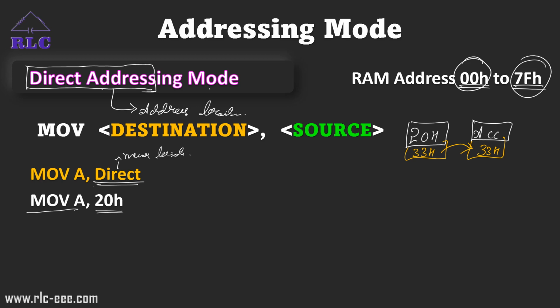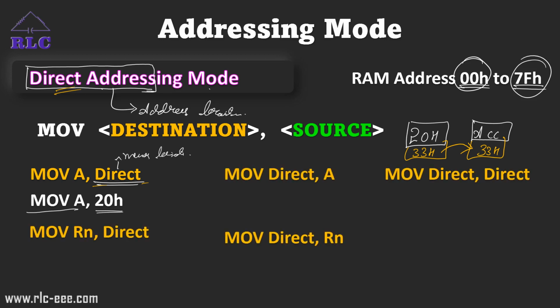So here we are using the address directly in the source. This type of addressing mode we call direct addressing mode. It is not only that the source can be a direct address; the destination can also be a direct address.